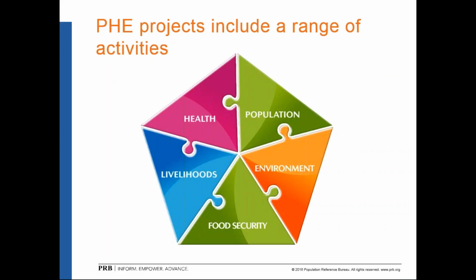The environmental interventions can include things like wildlife conservation and natural resource management, and establishment and protection of parks and natural areas, as well as components that focus on livelihoods and food security. And increasingly, newer PHE projects also include sectors such as climate change adaptation and building resilience.